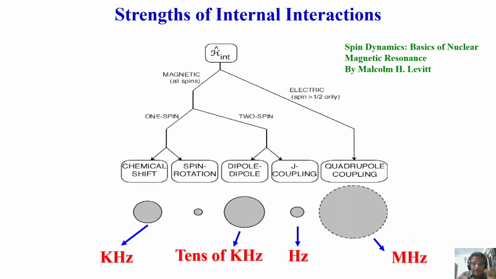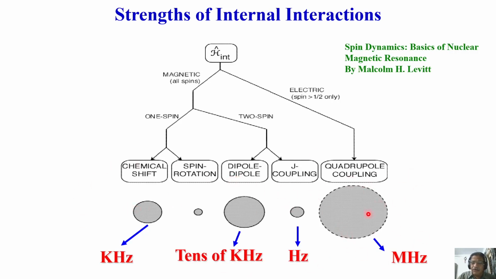But in some cases there are special nuclei where the quadrupolar interaction, that is the electrical interaction, overtakes the external Zeeman interaction. That's possible, but those are special types of nuclei if you study that. In other cases, we are looking at these types of interactions.